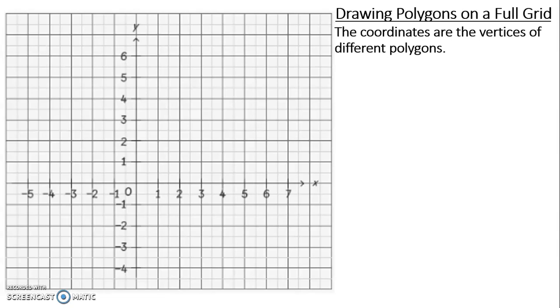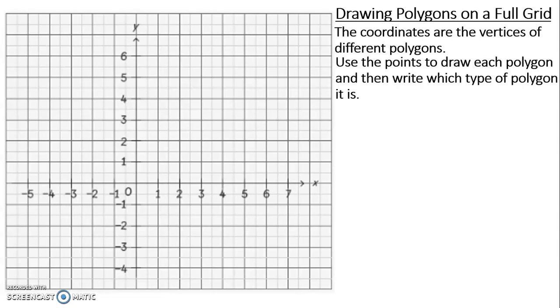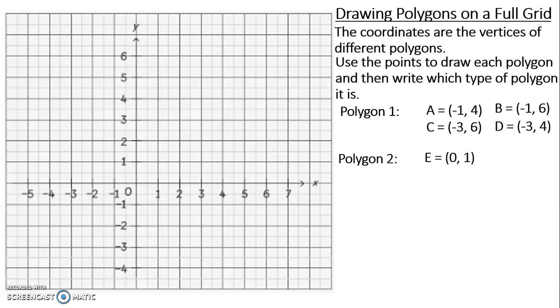The coordinates are the vertices of different polygons. Use the points to draw each polygon and then write which type of polygon it is. So there are the 4 coordinates for polygon 1. Plot those on. Here are the 3 coordinates for polygon 2. Plot those on.